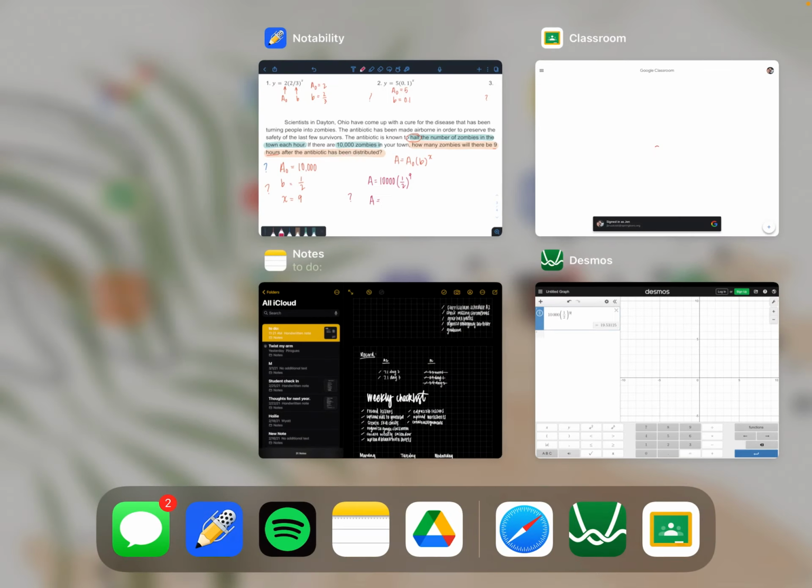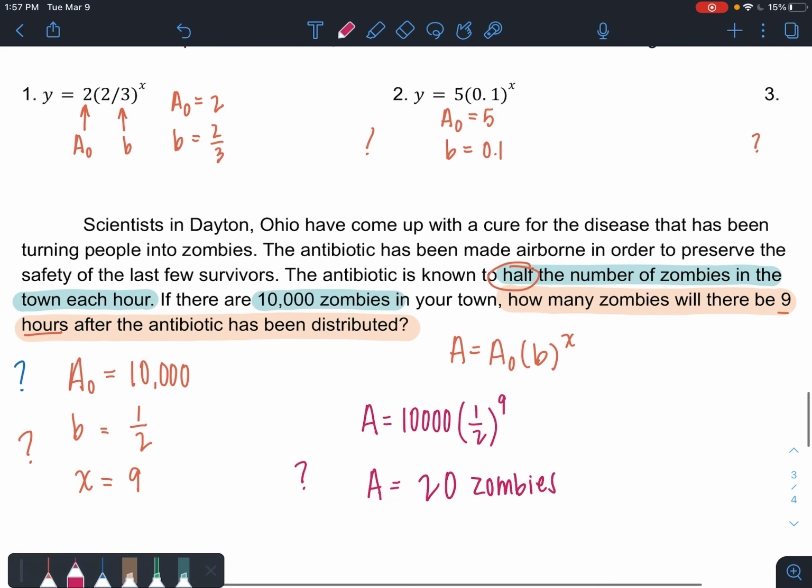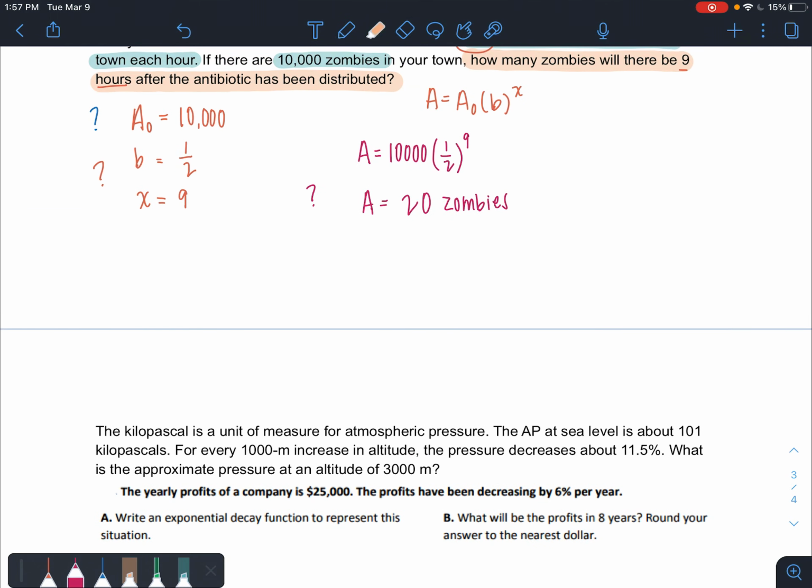And we get 19.53, which is 20. We don't have 19.5 people. We'll have 20 zombies left at the end. So this is showing the decay of zombies. What happens is after 9 hours, we only have 20 zombies. All right, and we'll say this last example for class.